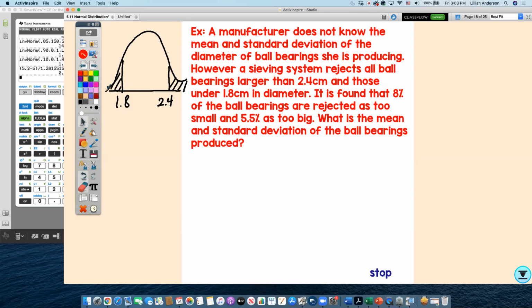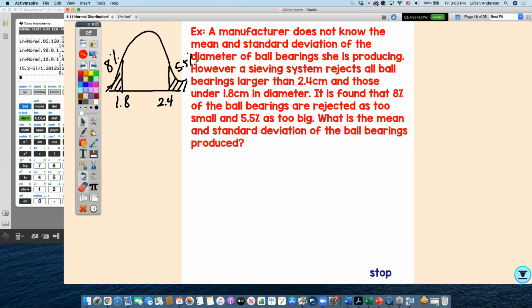It's found that 8% of the ball bearings are rejected if it's too small, and 5.5% are rejected if it's too large. Everybody understand how I got that drawing and those probabilities? So now you just have to find the mean and the standard deviation.